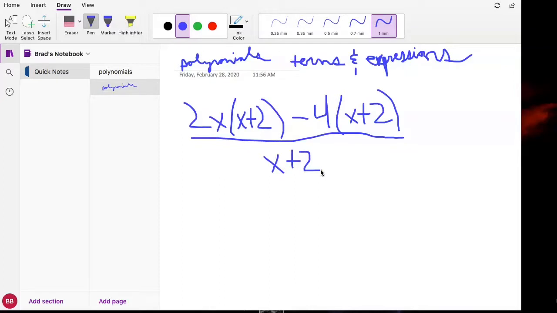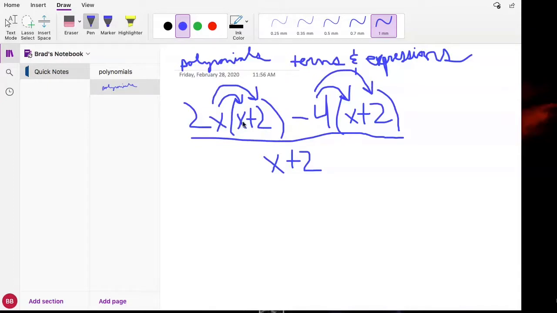So what we need to do is distribute so we don't have these parentheses in here, because with all these parentheses it gets quite confusing. We're going to multiply the 2x times the x and the 2x times the 2, and we're going to multiply the 4 times the x and 4 times the 2, and then don't forget to put it all over x plus 2.